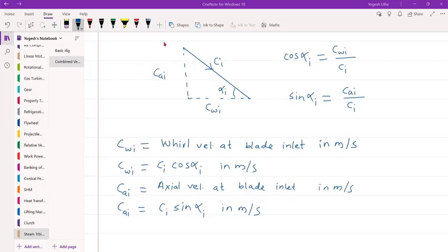Draw this drawing also. Start writing down from here. Whirl velocity at inlet. This is the whirl velocity, and this is the axial velocity. CWI, CAI, everyone.